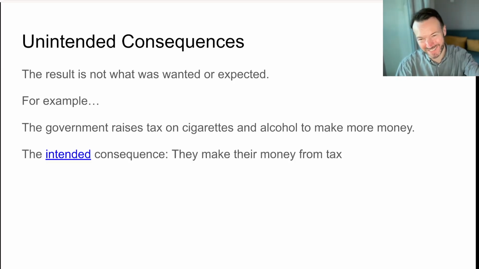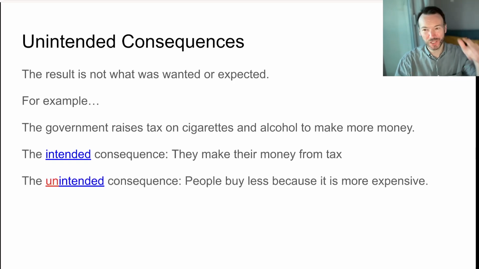So the intended consequence is they make more money from tax. But the unintended consequence is that people just buy less because it's more expensive. Instead of 3 bottles of alcohol, they just buy 2. So actually the government makes less money because they raised the tax up.